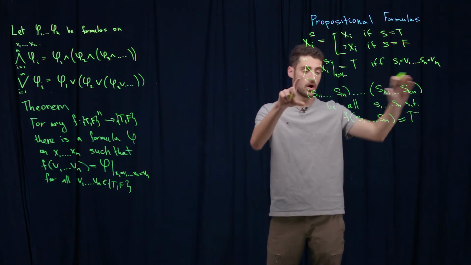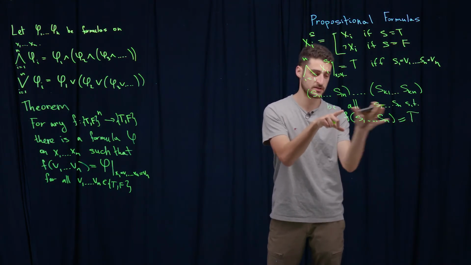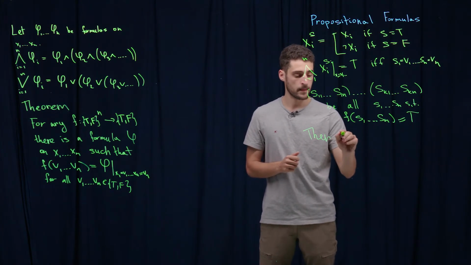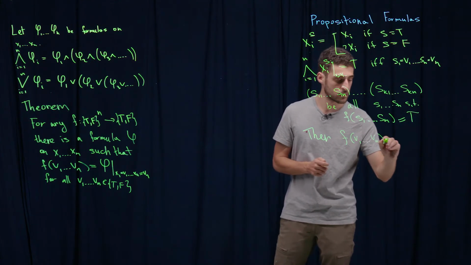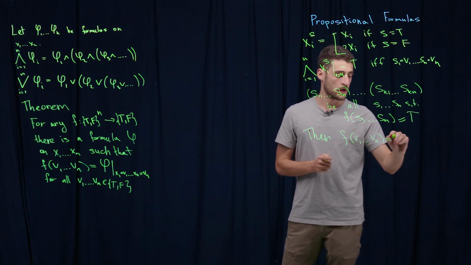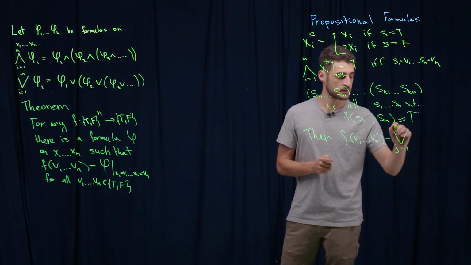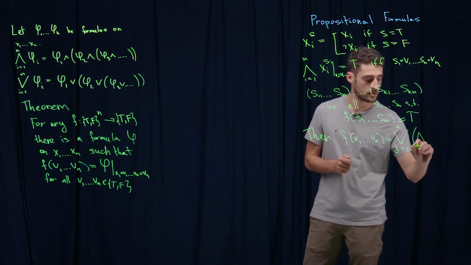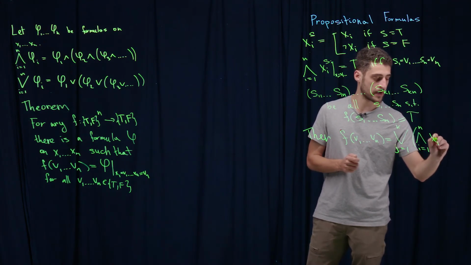In other words, it's all the assignments to the function f such that it's satisfied, it's true. Then f of v1 to vn is always equal to disjunction from j from 1 to k of conjunctions from i from 1 to n of xi to sji.